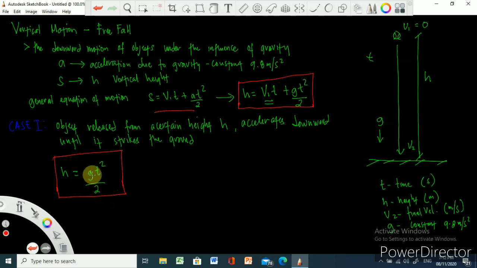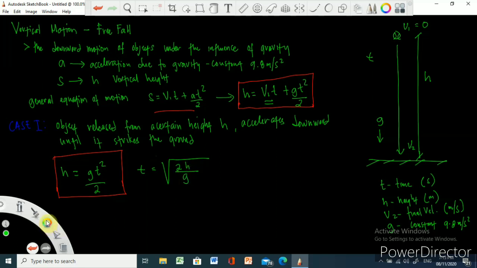Then, gamit itong equation na ito, i-derive mo naman yung time. Well, syempre, you cross multiply, divide both equation, derivation sa algebra ninyo. So, time is equal to square root of 2h over g.